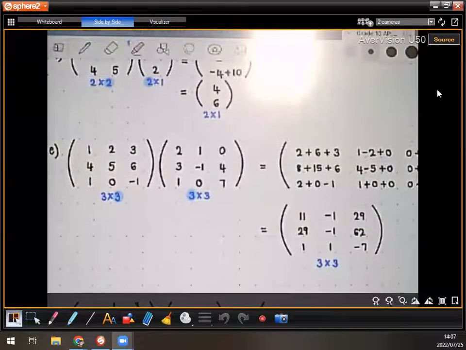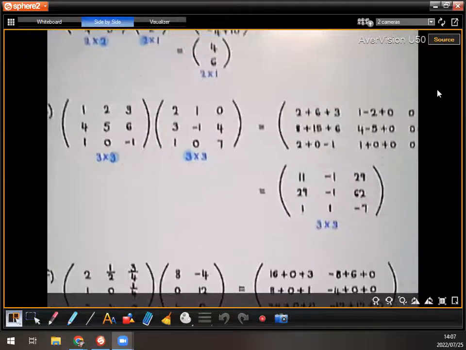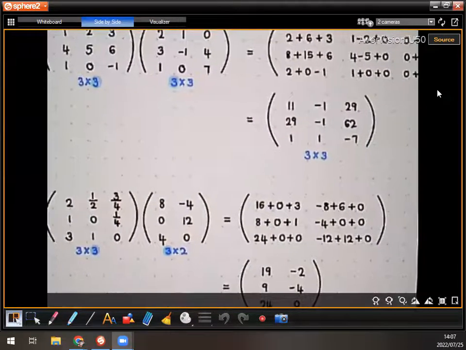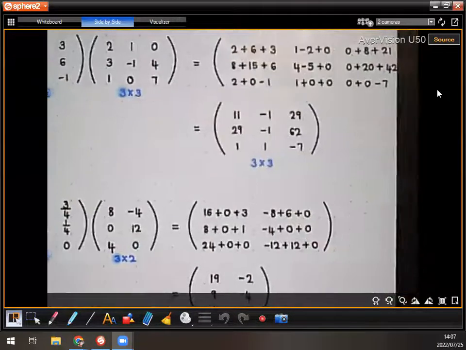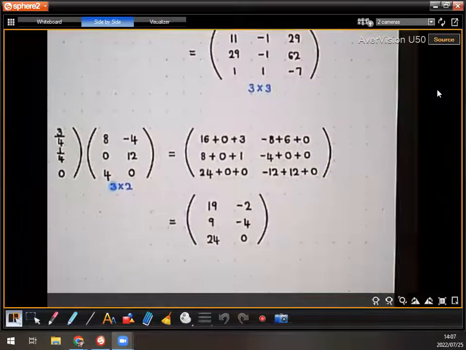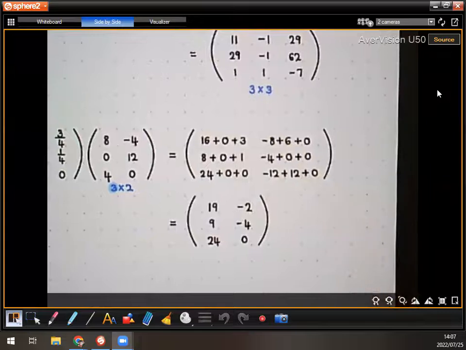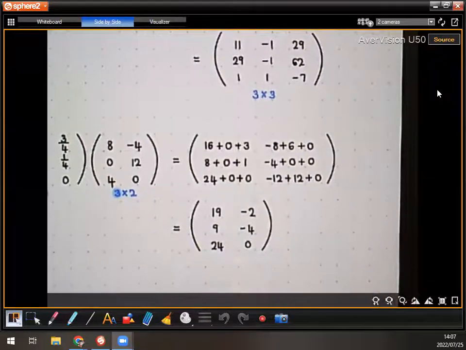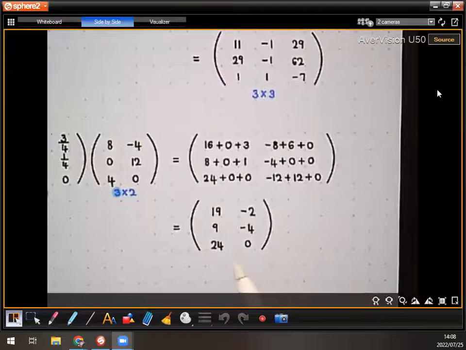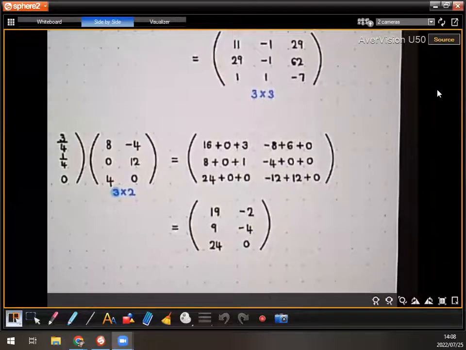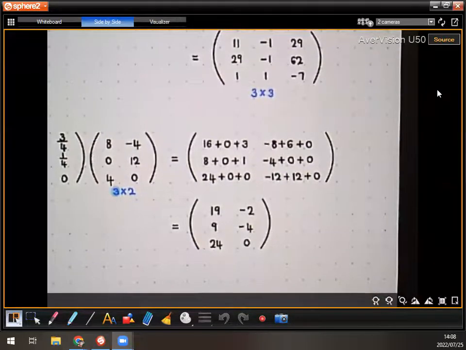All right, any questions? I'll post this for you after school so that you can check if you maybe made a mistake. You can look at my working and double check. So, did anyone get these 6 numbers as well?